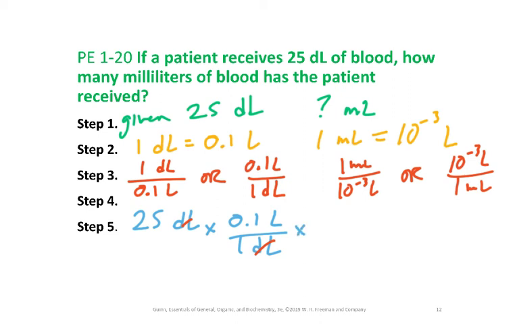And so deciliters would cancel out, and we now have liters. And we want to convert liters into milliliters. So we want that on top. And we see again that liters cancels out.